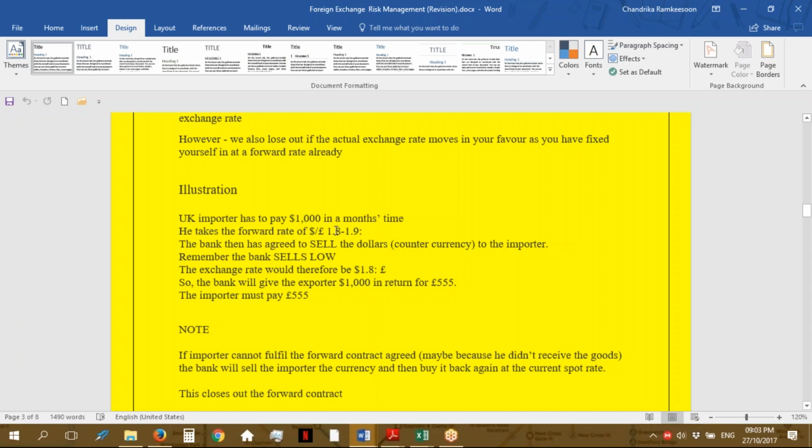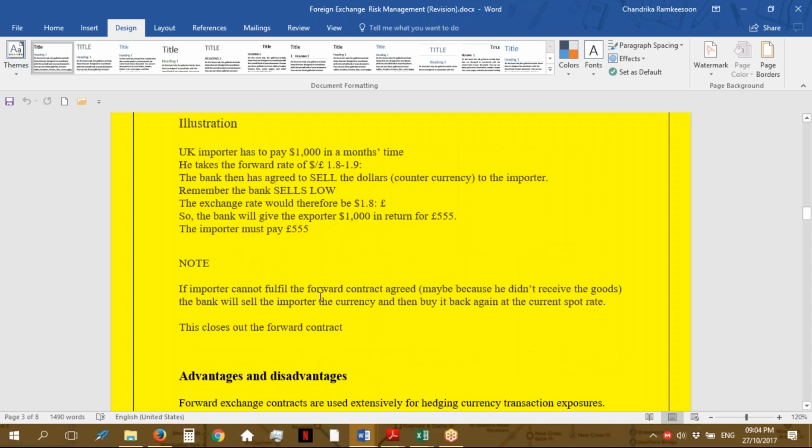As long as the transaction is represented in the stated currency, which in most cases it will be, you simply divide by the rate, like in this case the selling rate. Here, the bank has agreed to sell the dollars to the importer. Remember, the bank sells low, so the exchange rate will be 1.8. The bank will give the exporter $1,000 in return for 555 pounds. The importer must pay 555. It's as simple as that.